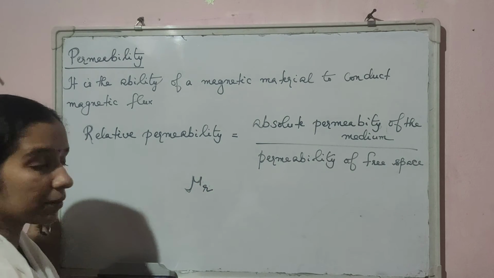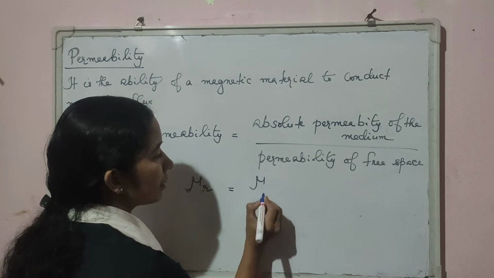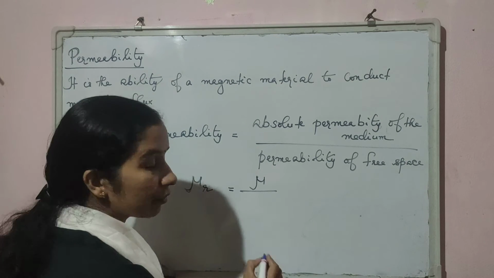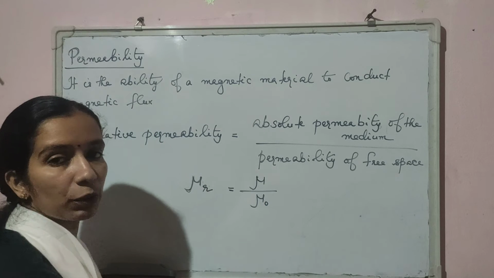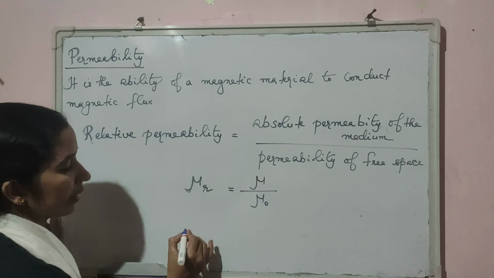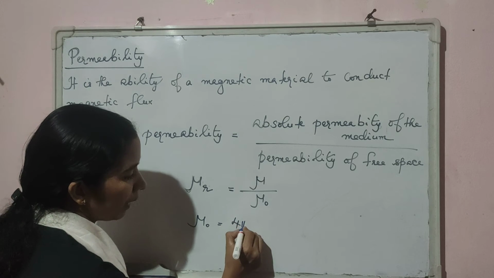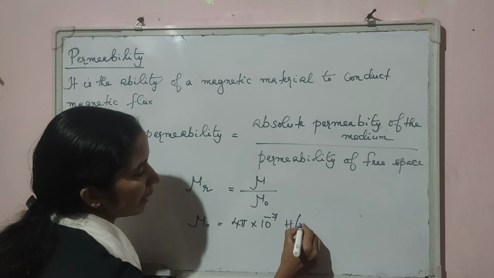This will be equal to absolute permeability, represented as mu, divided by permeability of free space, which is always represented as mu 0, and mu 0 always has a value of 4 pi into 10 raised to minus 7 Henry per meter.